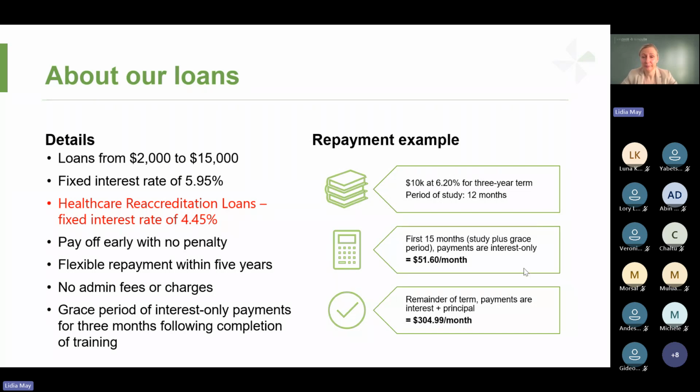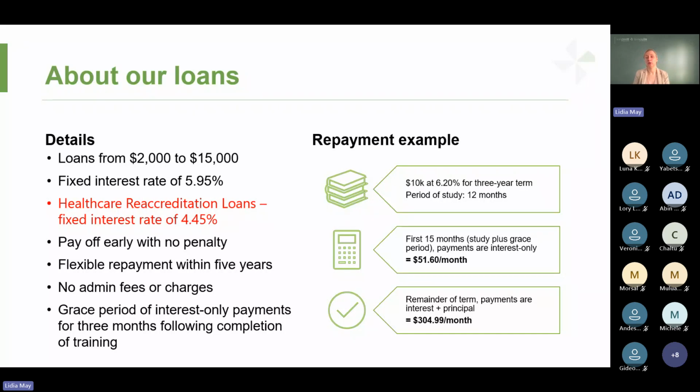For the first 12 months, let's say 1 year you need to prepare for your exams and pass your exams or go to a college, your payments will be relatively small, around $50 a month, because 12 months is for your school and 3 months for you to find a job. So still you're on a grace period, so you will be paying around $15 a month.